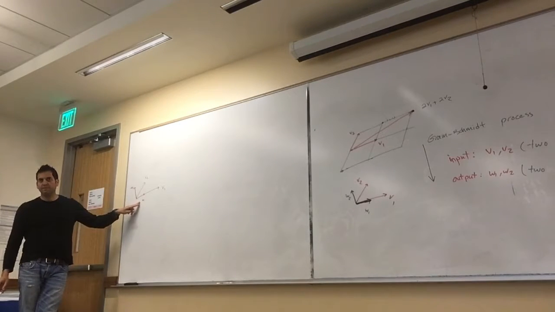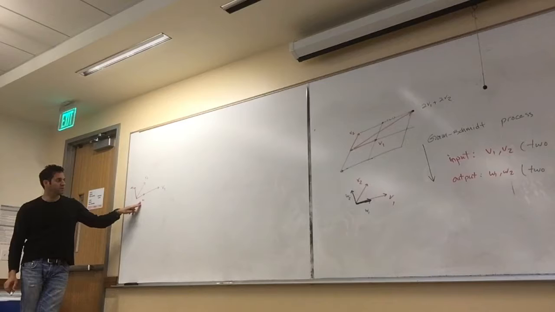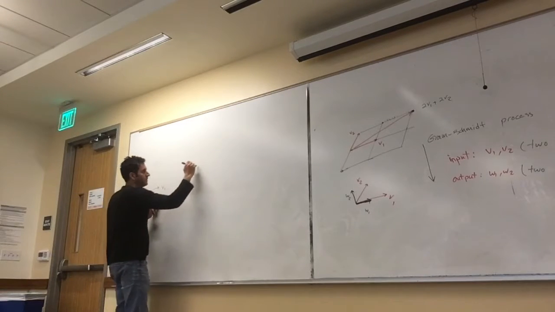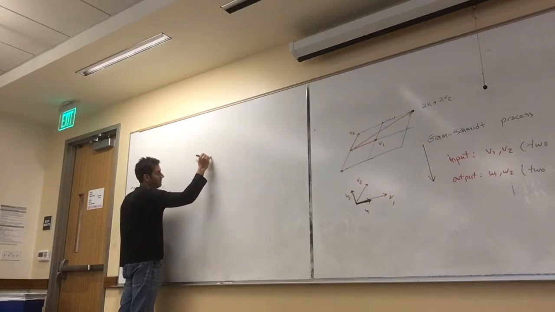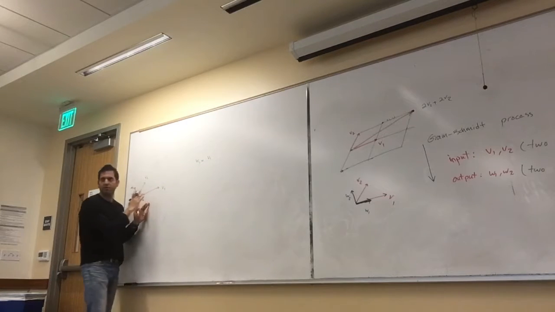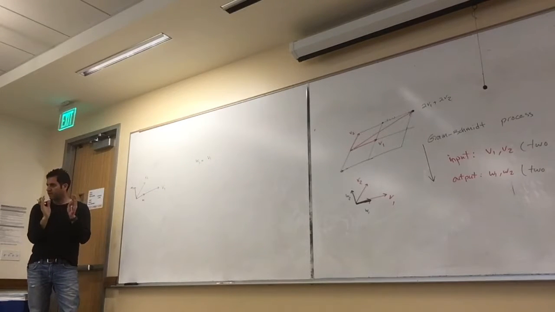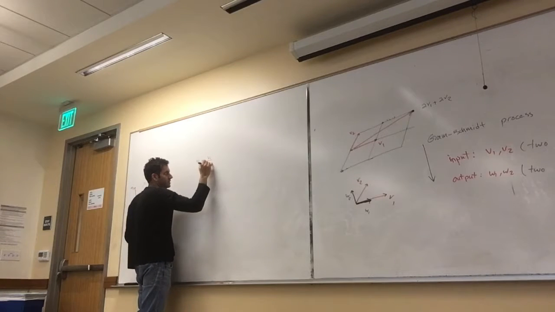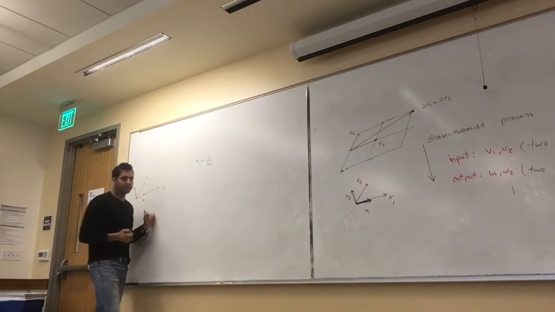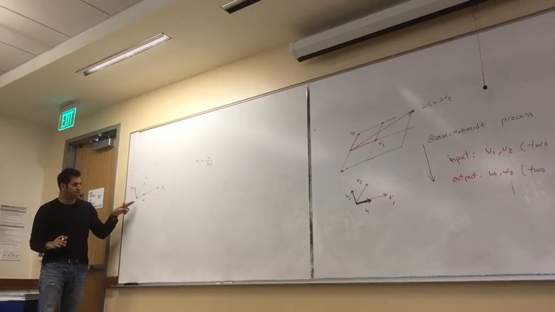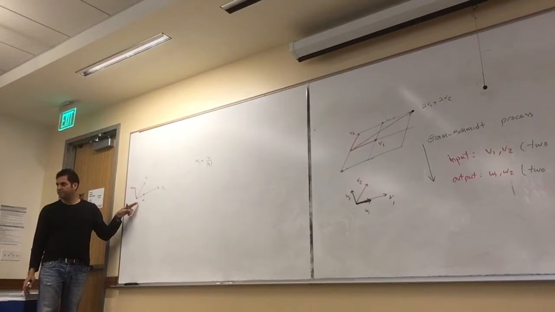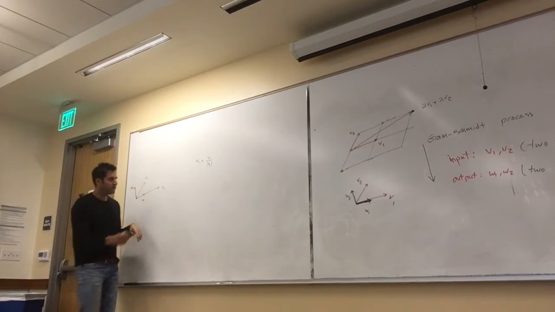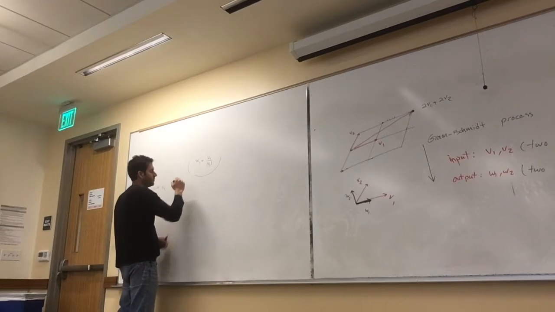W1 is very easy to find. You take V1, which is a vector, and divide it by its length. If you divide something by its length, then the total length would be 1. So W1 is V1 divided by its length. That's how you find W1.